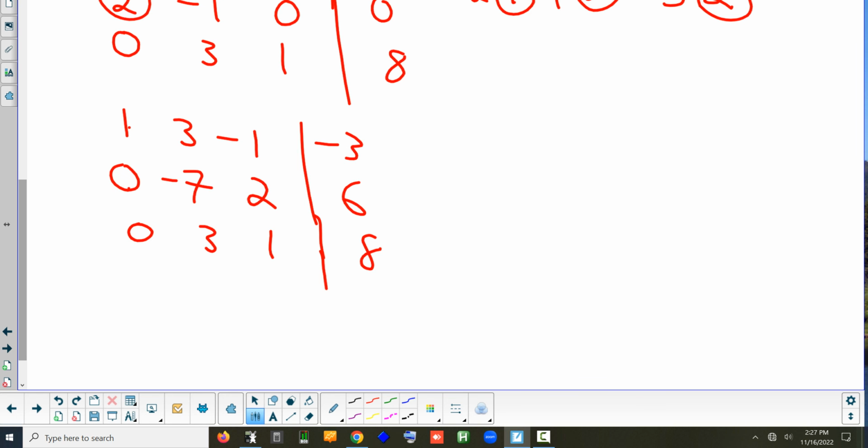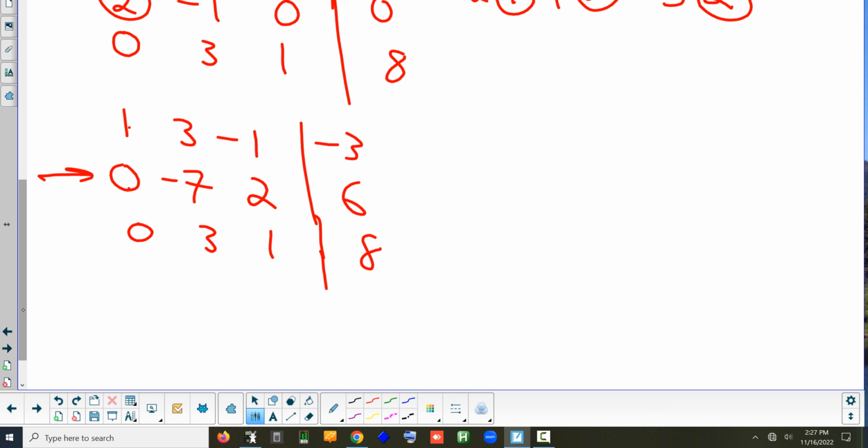There's two options here. You're either going to multiply everything by -1/7, which you could do, or you could try to get this number to be close to a 1 by adding a multiple of this number to it. And that would avoid a fraction for now. So does anyone see what we could multiply this row by and then add it to that number to try to get this to be close to a 1?